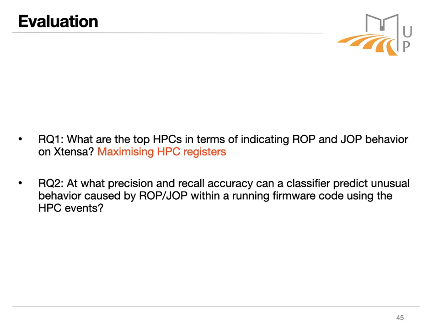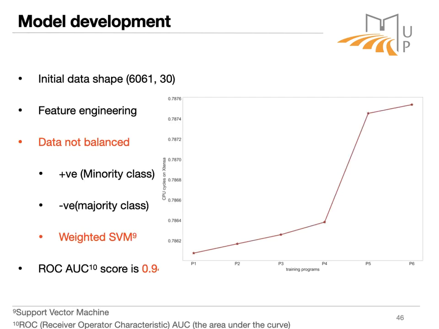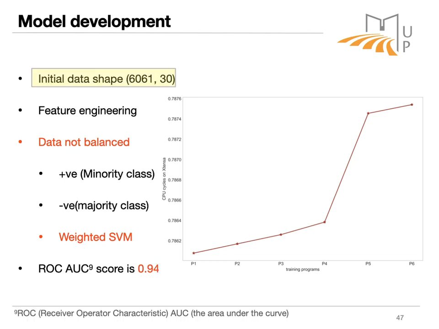counters events? The initial data shape consists of 30 features, which was further reduced after feature engineering. Afterwards, we evaluated a couple of machine learning binary classifiers, and support vector machine gave us the best accuracy. However, SVM is an excellent binary classifier if data is balanced, but because the number of positive cases in our dataset is less than the number of negative cases, by about a factor of 7, we therefore use a weighted SVM.